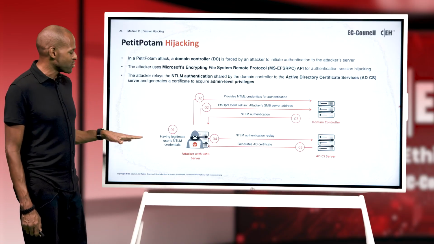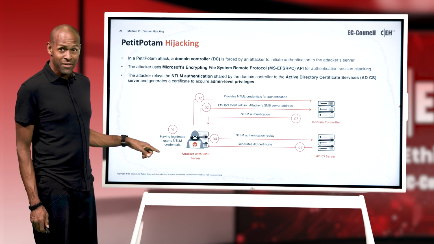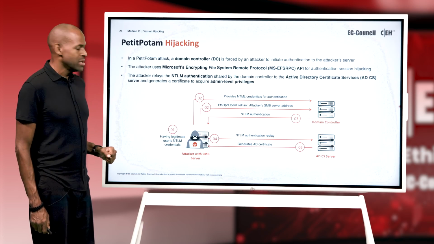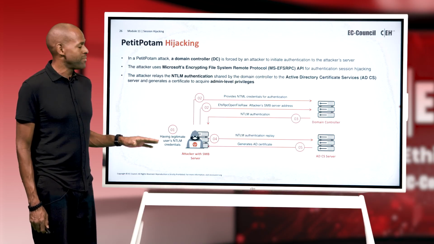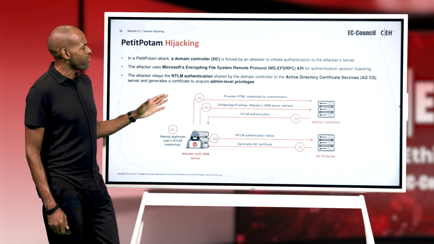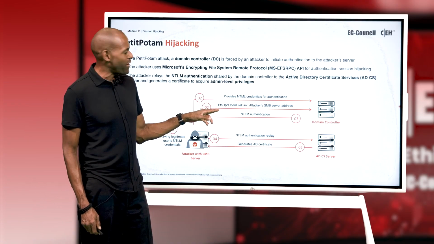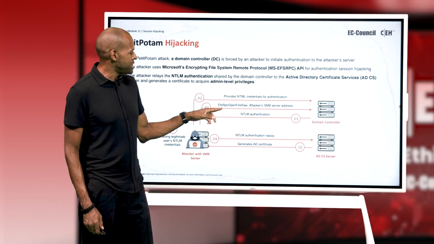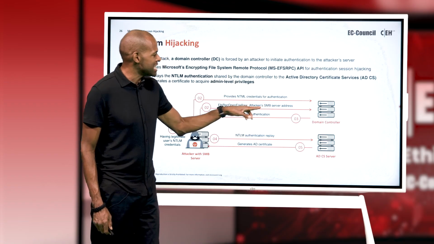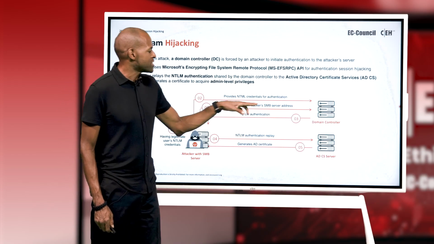So let's look at how this works. We have a legitimate user with NTLM credentials. Again, using NTLM opens you up to a variety of attacks. We provide those credentials for authentication and get a response back. This is the EFS, Encrypting File System, RPC, remote procedure call, open file raw, and that's the attacker's SMB, Server Message Block, like you're sharing a folder, server address.